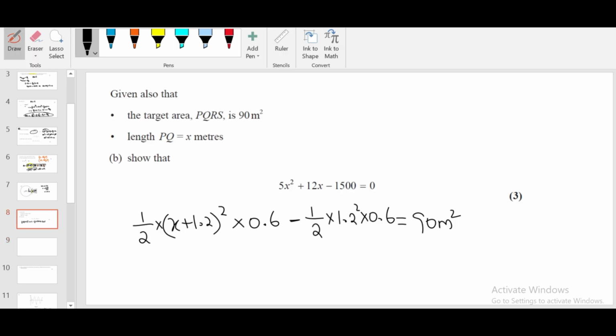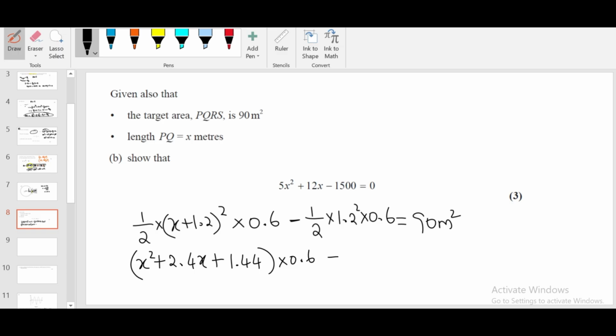I'm going to multiply everything by 2. x plus 1.2 whole square is x square plus 2ab, which is 2.4x, plus 1.2 square, which is 1.44, all times 0.6.